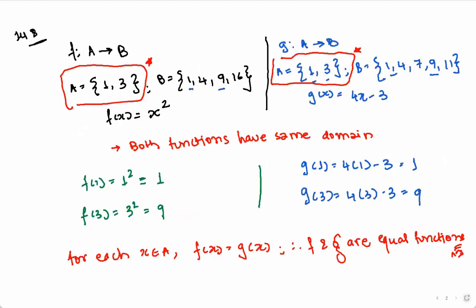Now, let's check illustration number 7. Now, in illustration number 7, if function f is set N to set N and f of x is equal to x square, set g is equal to Z minus 0.